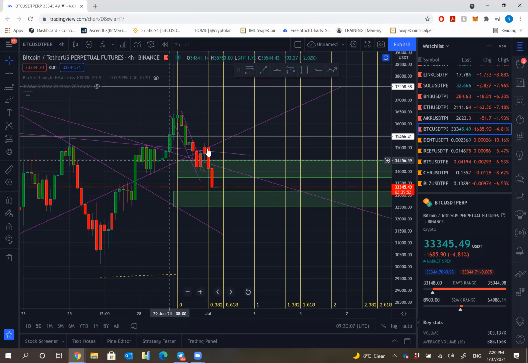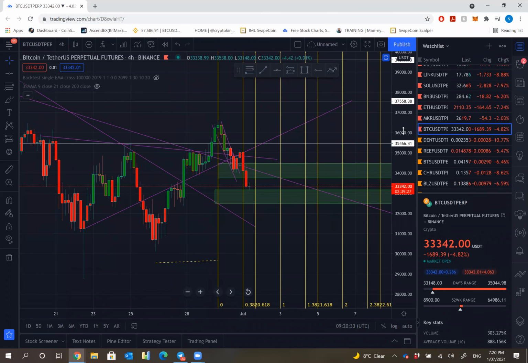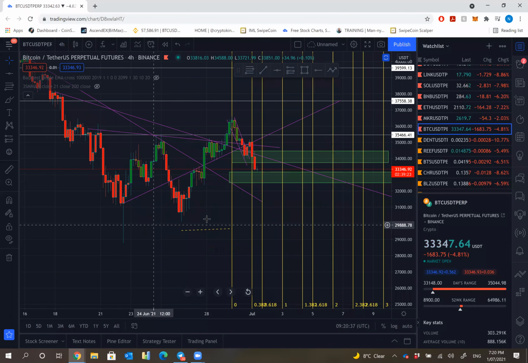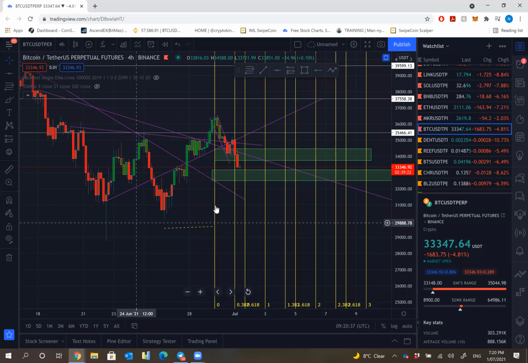It's hit that point, it's jumped up to this point, it's gone down to here, and it's had resistance at this resistance line there. These lines were done days ago, so that I keep this up here so that I know where Bitcoin could be finding resistance and where it could be finding support. Because at the end of the day, Bitcoin is God. Bitcoin will tell you what's happening with everything else, and it's the one that's going to choose whether we're going up or going down for the day.